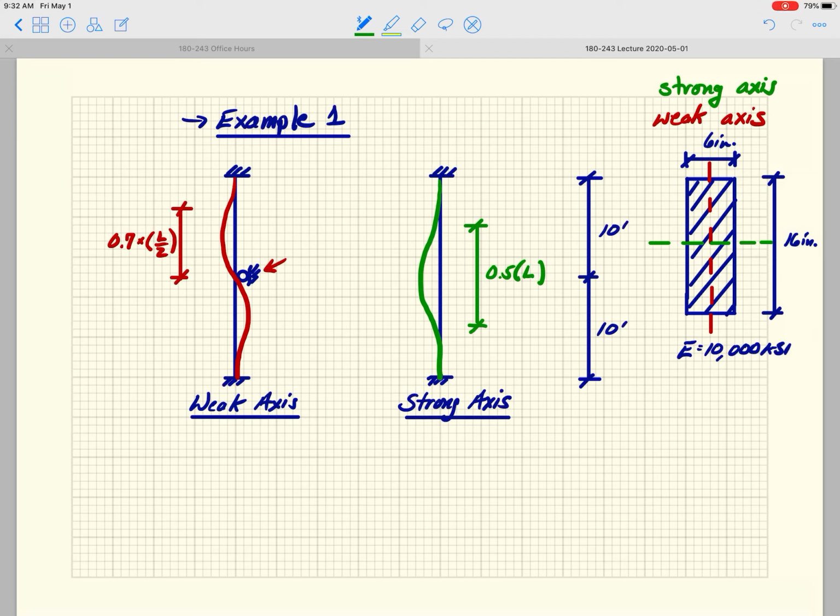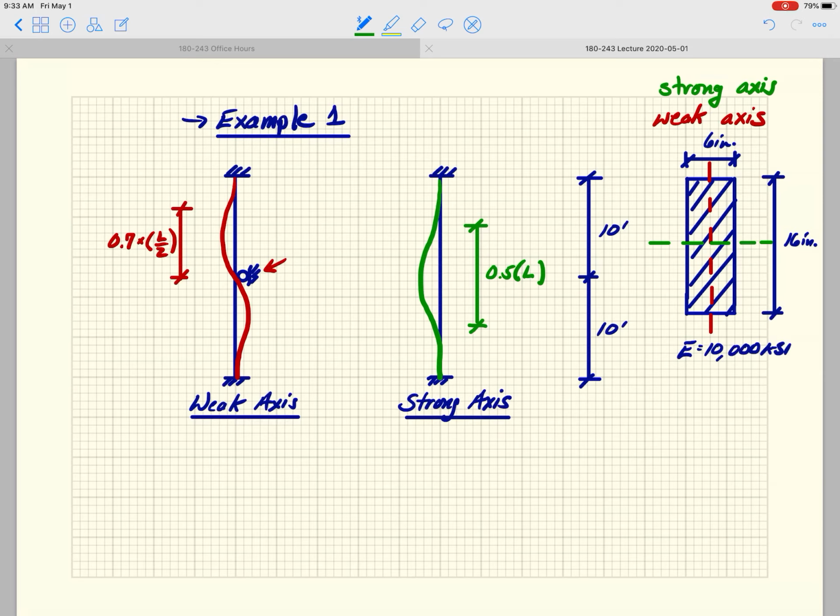So we're going to try to do this problem. Basically, the question is, what is the buckling load? And the complexity of this problem is you don't know which direction governs. Is it going to buckle in the weak axis, even though I have more support, so my KL term is much smaller? Or is it going to buckle in the strong axis, where I have less support, my KL term is much larger, but my moment of inertia is much larger as well?